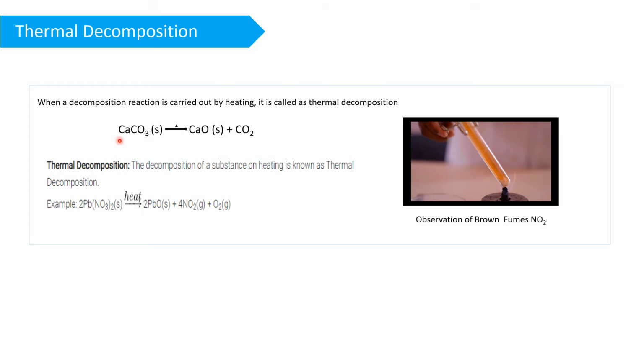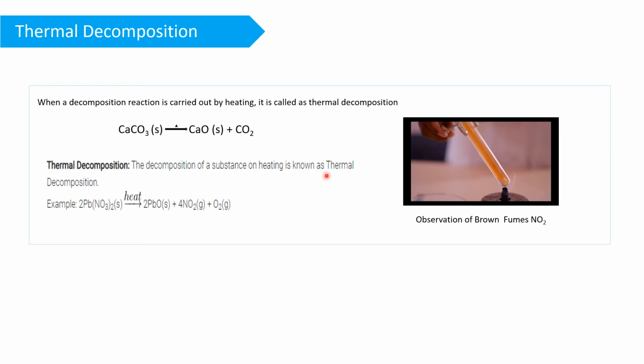What is the formula for calcium carbonate? CaCO3. On heating, it is very important to write the condition either above or below the arrow. Please make a note. Calcium carbonate on heating gives calcium oxide plus carbon dioxide.